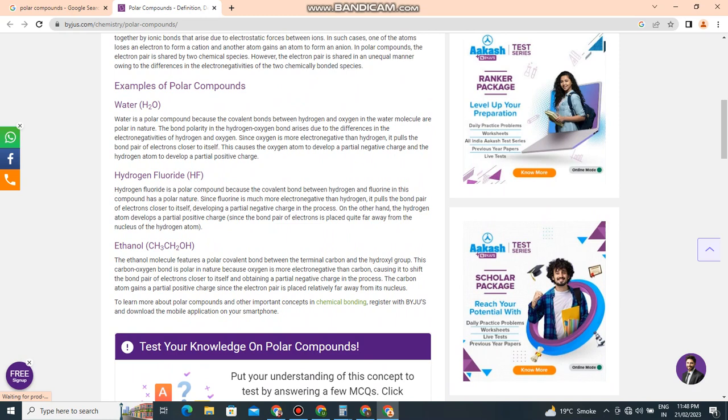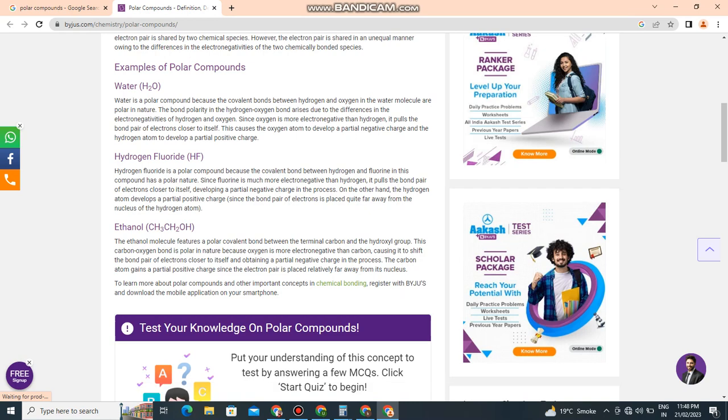Since oxygen is more electronegative than hydrogen, it pulls the bond pair of electrons closer to itself. This causes the oxygen atom to develop a partial negative charge and the hydrogen atom to develop a partial positive charge.